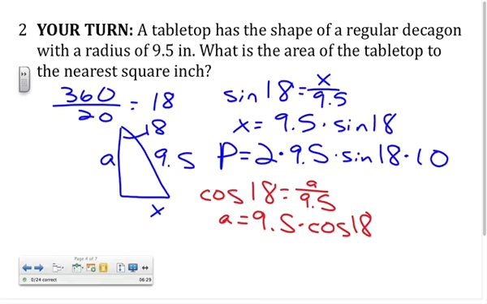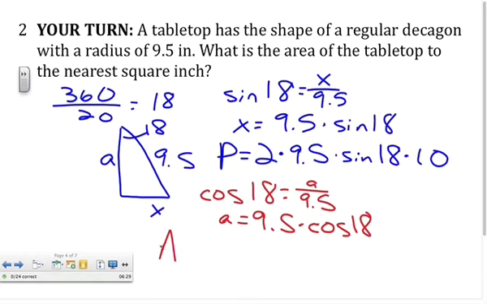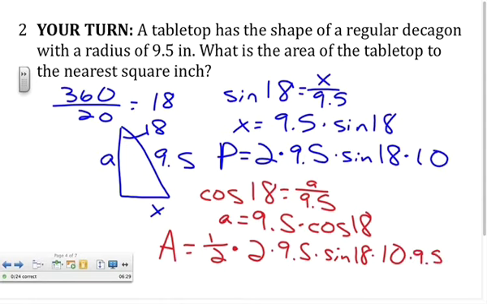Which means, finally, if I want to write this whole thing out and make sure that I'm not clearing my calculator at all, then the area is 1/2 times 2 times 9.5 times sine of 18 times 10 times 9.5 times the cosine of 18. All of that.